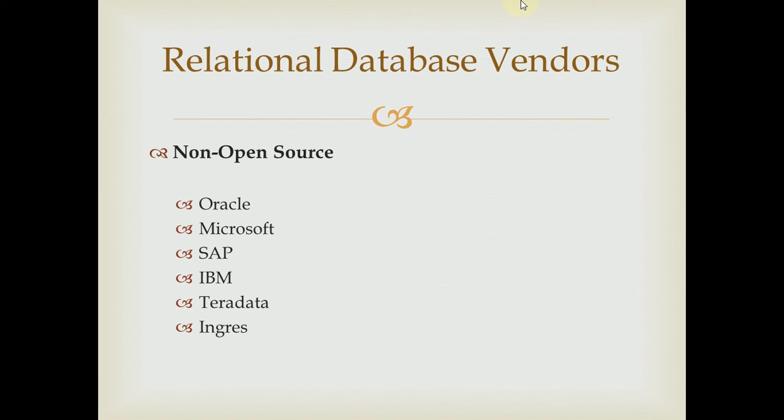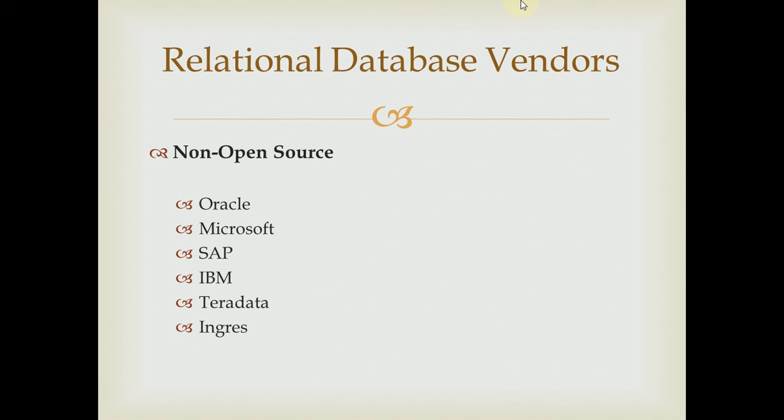Basically, it's beyond the scope of this presentation to discuss each of the products that these vendors have, so I am just going to give you the names of these vendors that are out there. It might be useful to know, because sometimes when you're new to relational database management systems, you think that there might be one or two vendors out there, but in fact there are many.